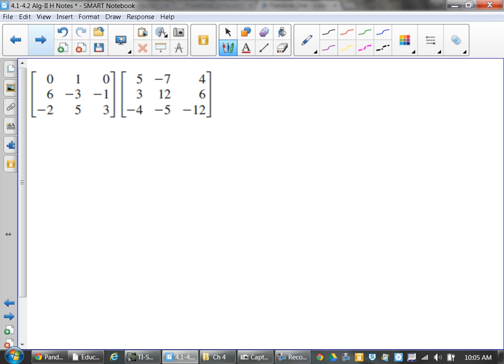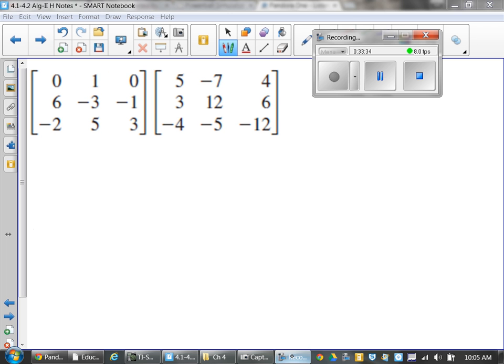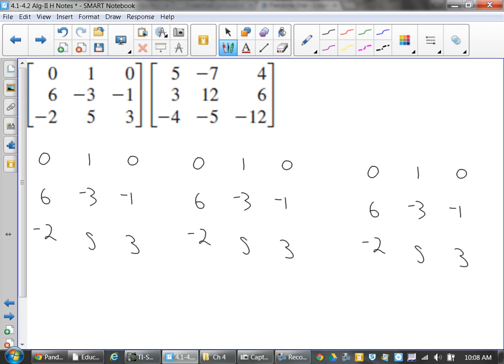But if you could take a 3 by 3 times a 3 by 3, that will give you a 3 by 3. How many times do you write out the first matrix? 3. Okay, Trace, go for it. Yeah, do it. So I wrote it out 3 times. I start at the top.